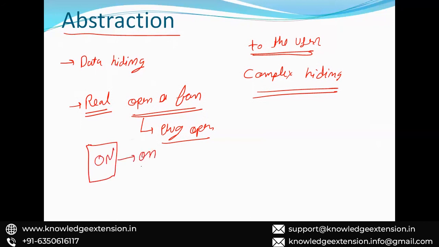Understood? So that means this plug is the essential feature, because it is also a part of the fan. If you want to turn on a fan, you have to plug it in, so the plug is part of the fan. You can see only this plug part.